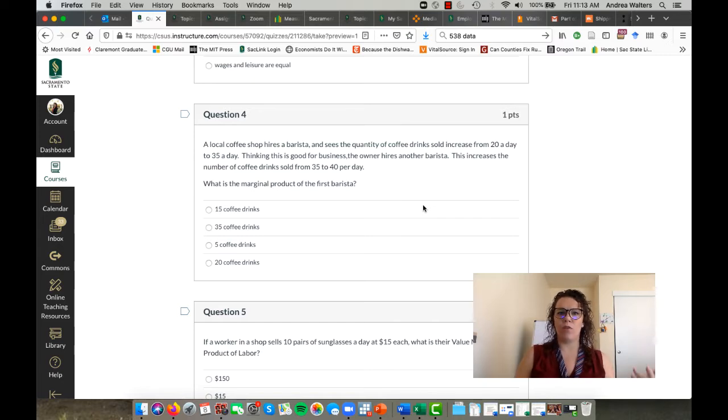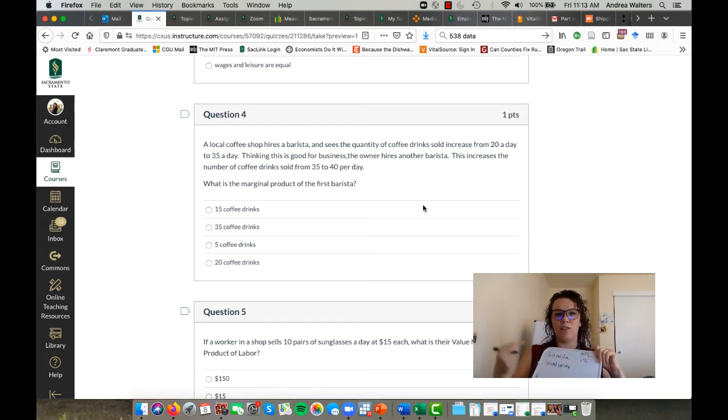What is the marginal product of the first barista? So we've got two people, right? We've got the first barista, the second barista. The first barista takes us from 20 cups of coffee to 35. So 35 minus 20 gives us the marginal product of labor for that first barista, which is going to be the additional 15 cups of coffee that the first barista contributes.